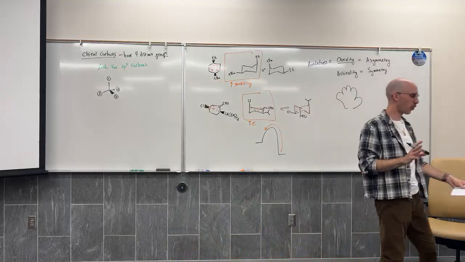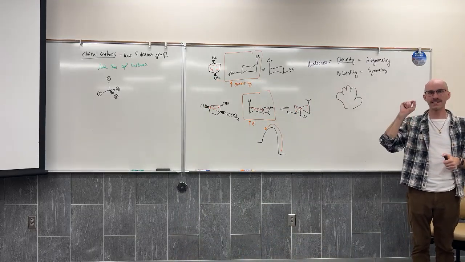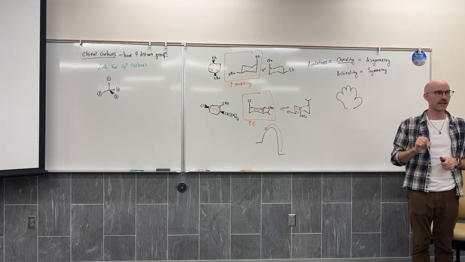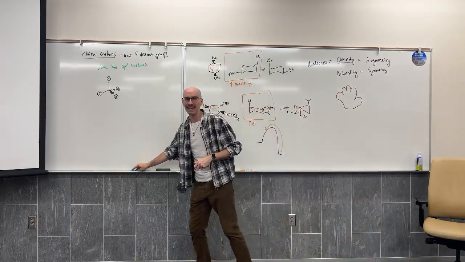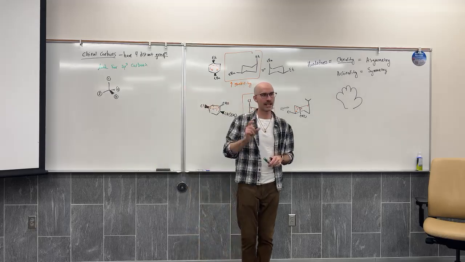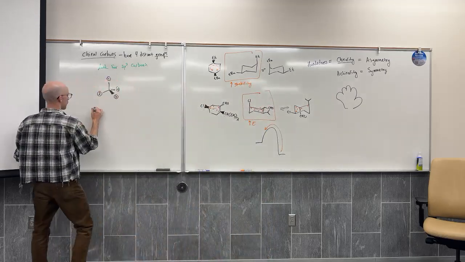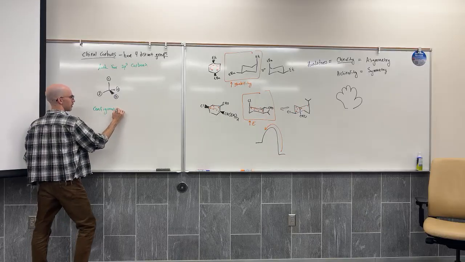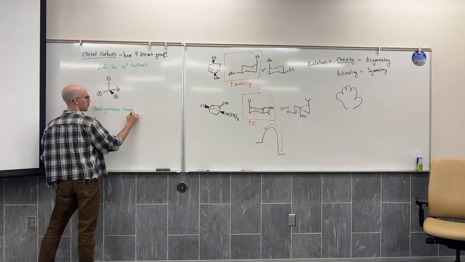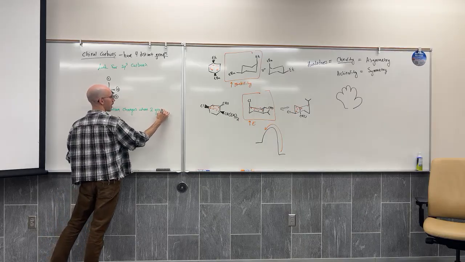By having these 4 groups attached, they take up a very specific arrangement in space. And if I swap any 2 groups, I change the spatial configuration. Configuration changes when 2 groups swap.